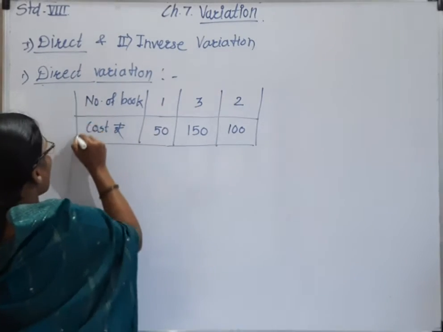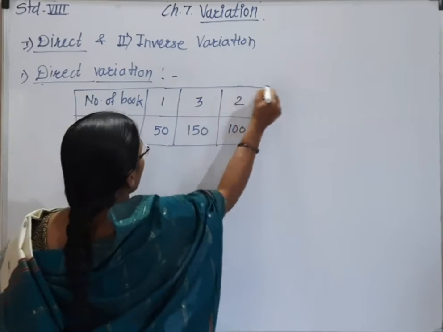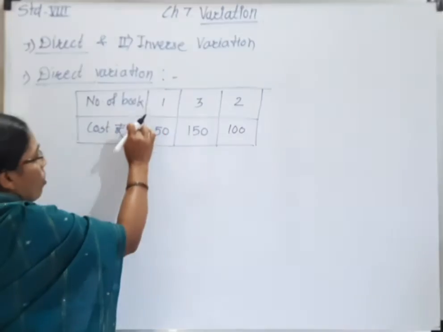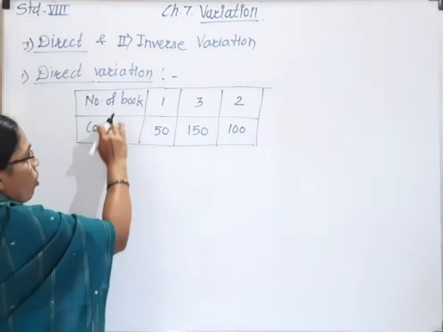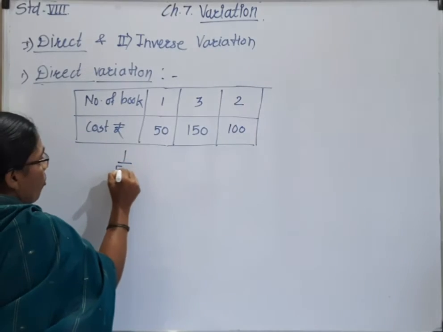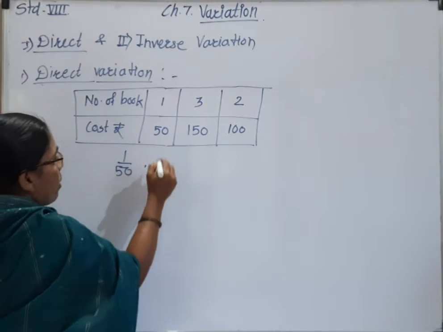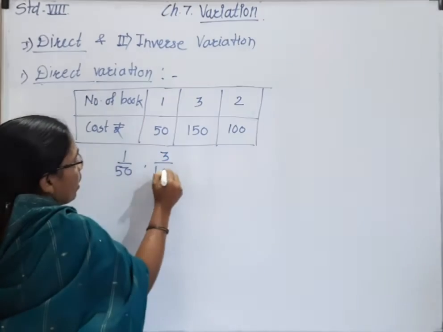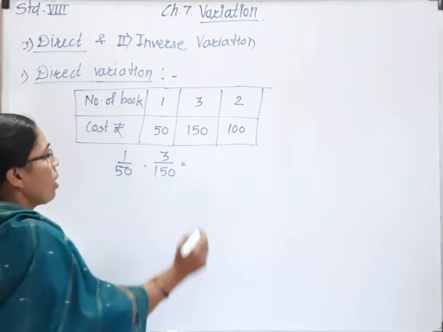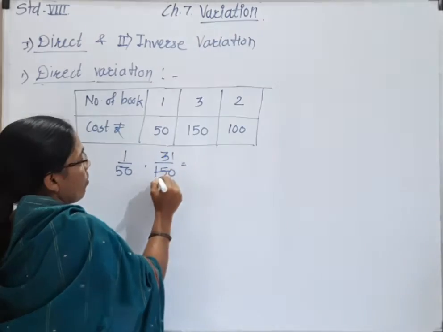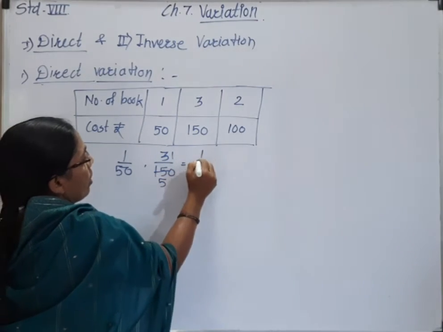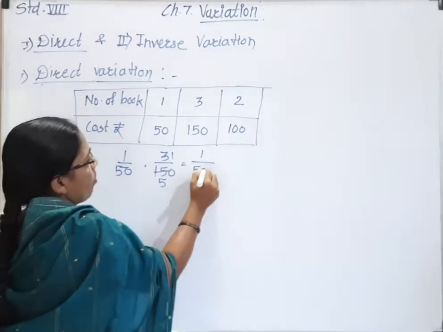If we observe this table, you will understand that the ratio of both quantities, number of books and cost, remains constant. Here 1/50, and the second one is 3/150. If you write it in the lowest form, 3 ones are 3 and 3 fifties are 150, so you get 1/50 again.